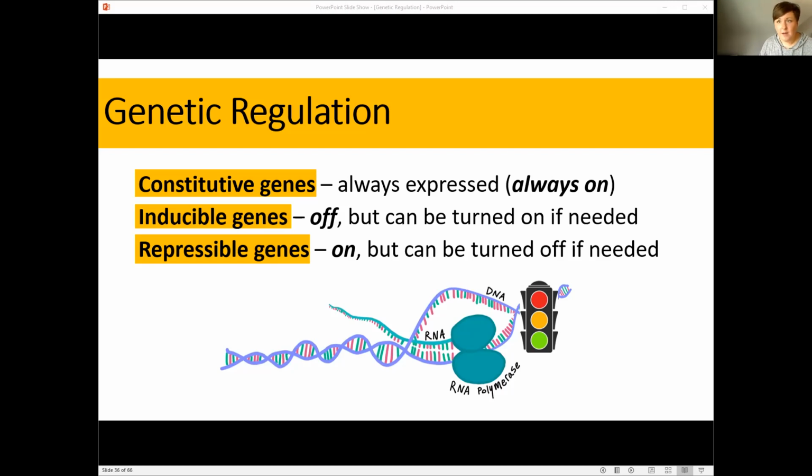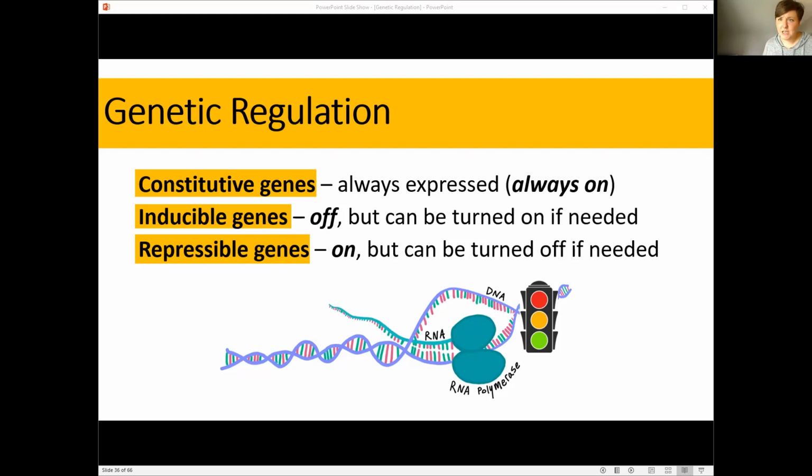Repressible genes are the opposite. RNA polymerase binds to the promoter of these genes and actively transcribes them. However, if necessary, this process can be stopped. Essentially, in repressible genes, RNA polymerase is cruising down the road through green lights, but it can stop if it reaches a stoplight.